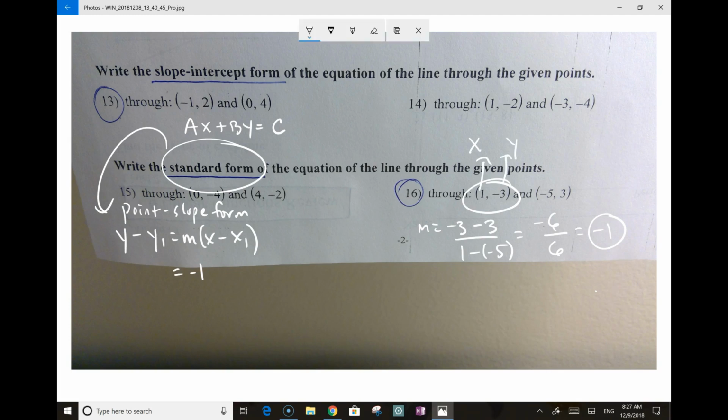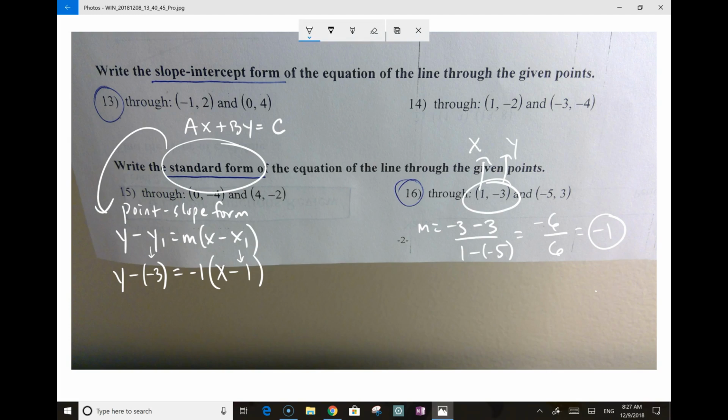So placing these numbers in the right spots of the equation, I get y minus -3, because the y I'm plugging in is the -3 from the ordered pair. And then on the inside, I have x minus 1, and that x sub 1 became the 1 from my ordered pair.